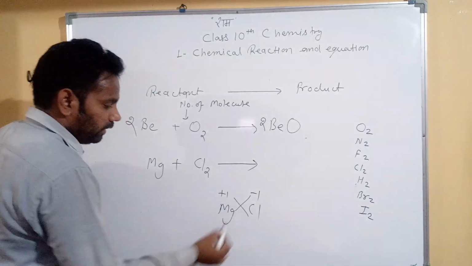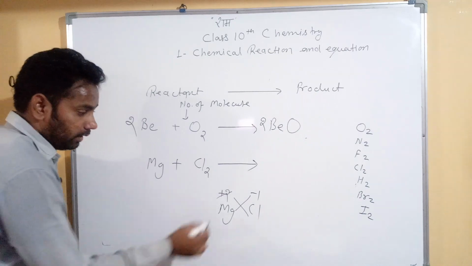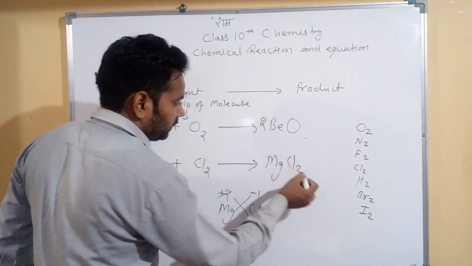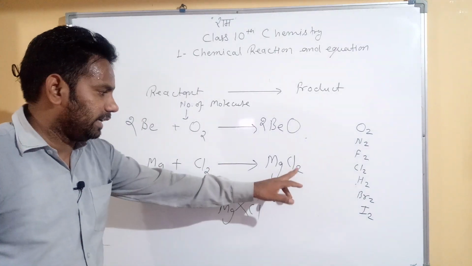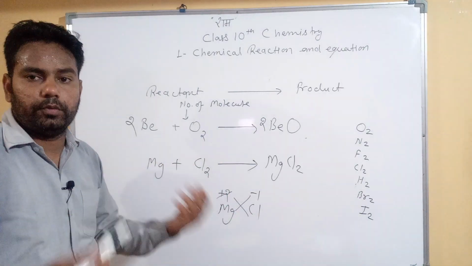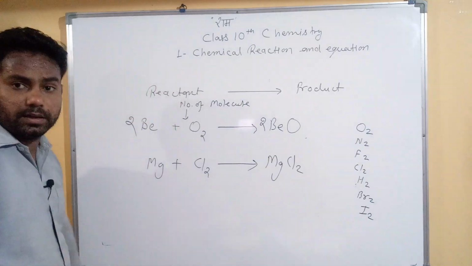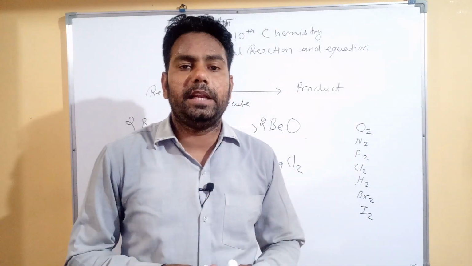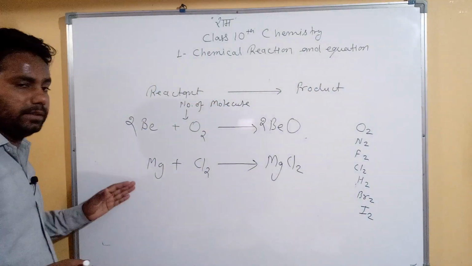Cross multiply, and the formula MgCl2 is our product. Again we check the number of atoms. Cl is 2, here also 2, no change. Mg is 1, here also 1. So no problem. Done. Clear? Do equations like that in your copy. Write a minimum of 10 chemical reactions on this basis.